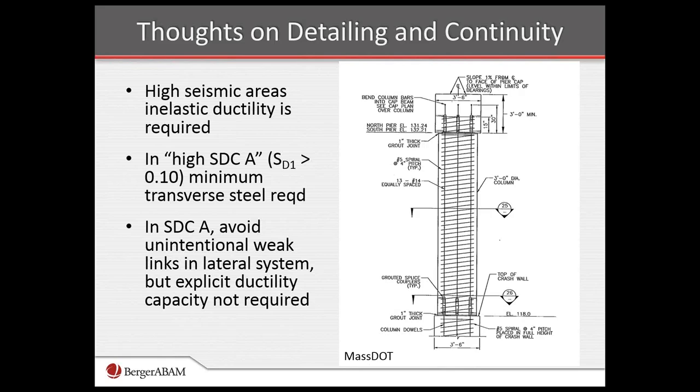Now, there is research underway looking at specifically this question of where the grouted splice couplers are located and whether it's actually permissible, with some adjustment to the design procedures, to put the splice couplers up into the plastic hinging zone.